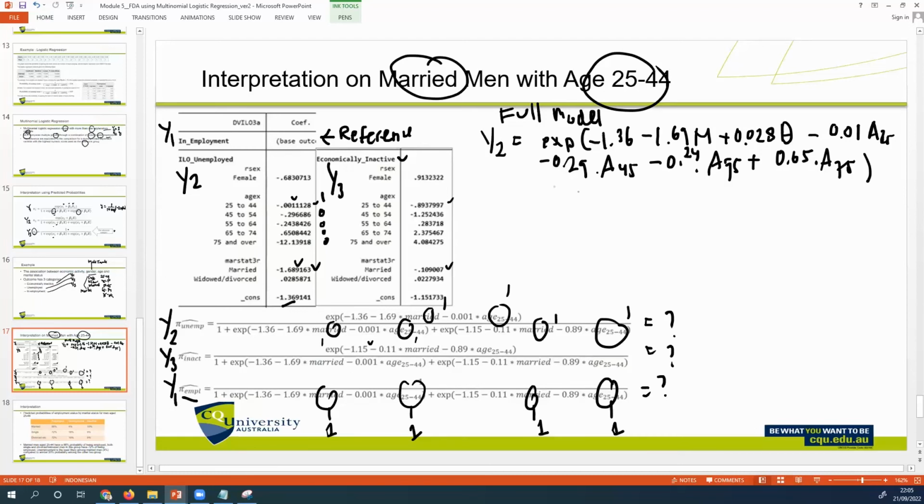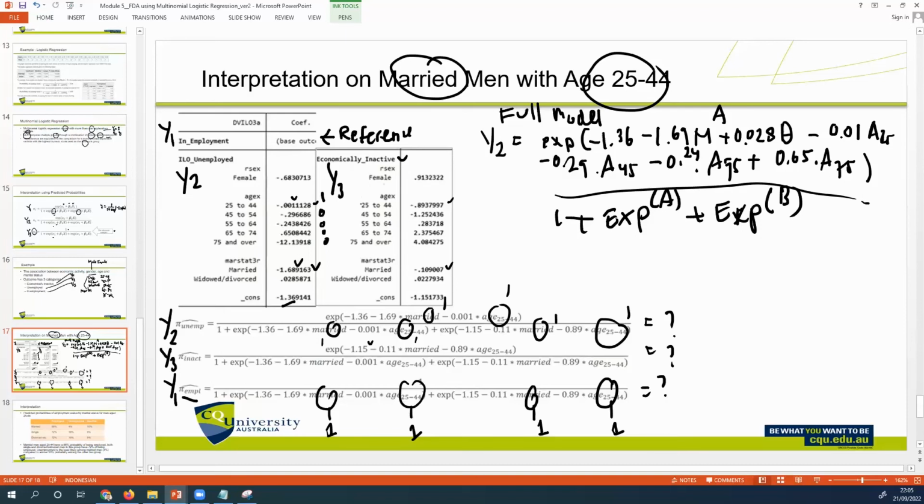Okay, divided by 1 plus exponential of A plus exponential of B from the Y3, from this goes here. So that is the full model for Y2. It is also the same with the Y3 and Y1.